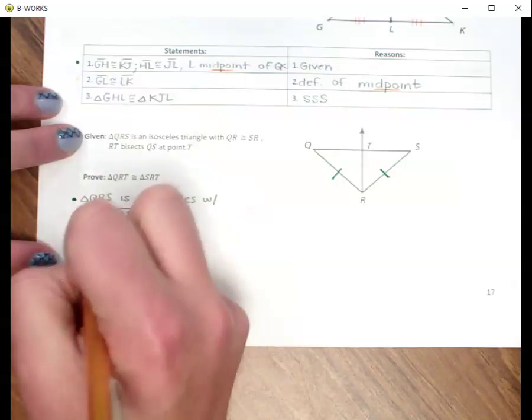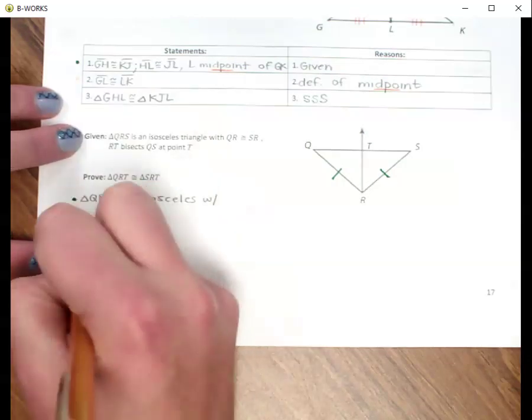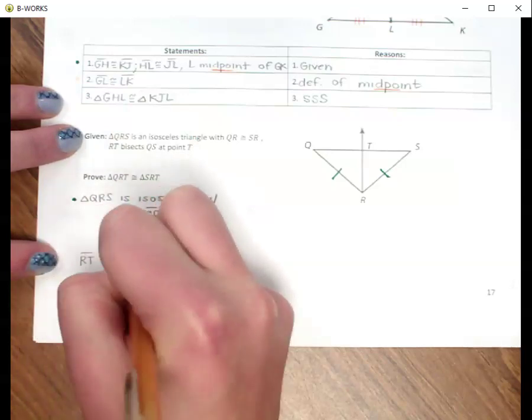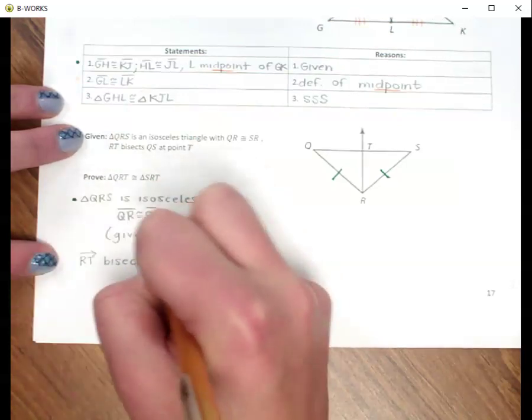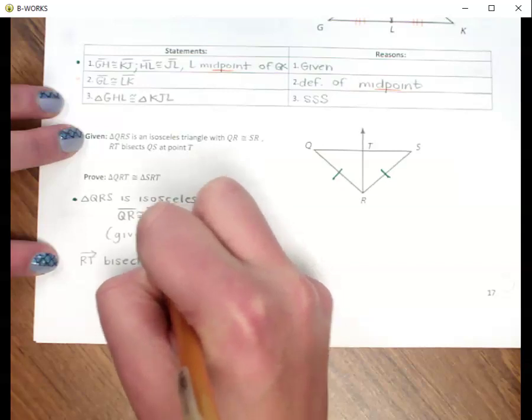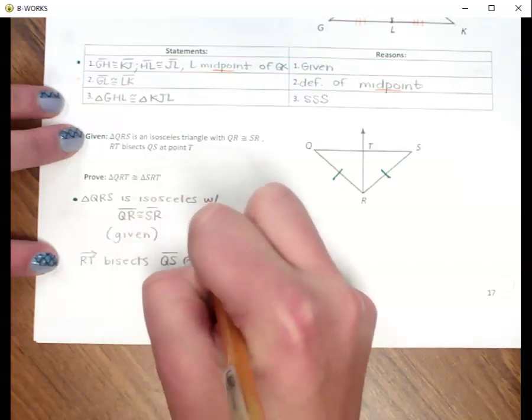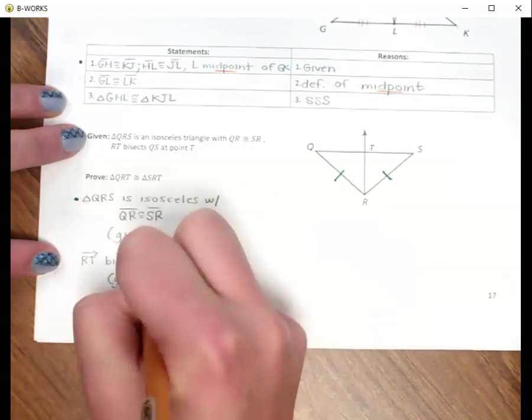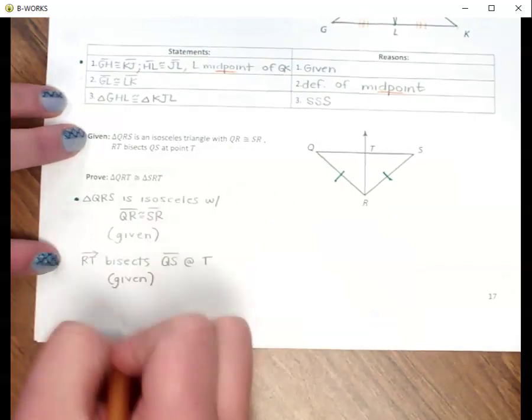A second piece of given information is that RT bisects QS at point T. Okay, that's my given information.